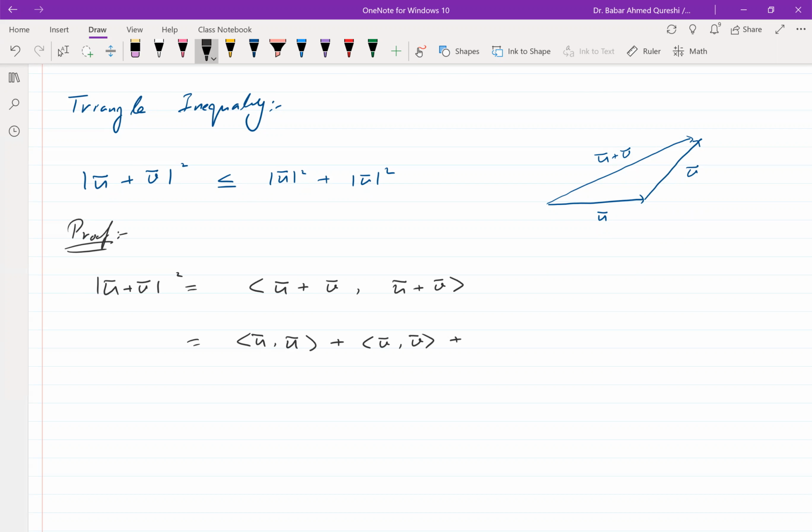So I get two norm squares and then two cross terms. So this becomes, by definition, u length square plus v length square. And now over here, I use the property of the scalar product that it's symmetric. U scalar product with v is the same as v with u. So this becomes 2 times uv.